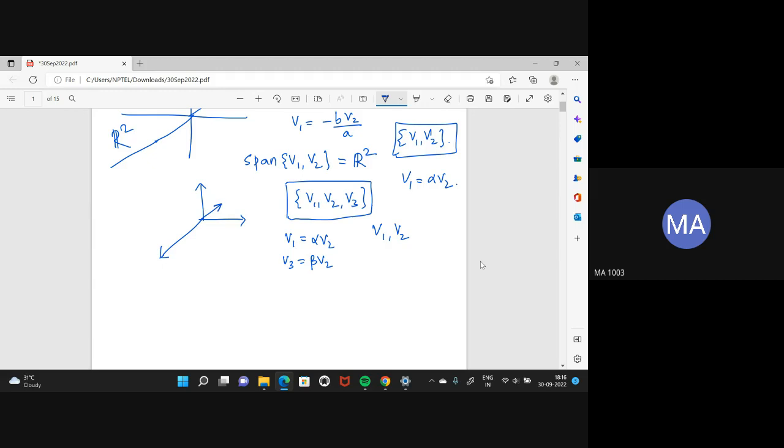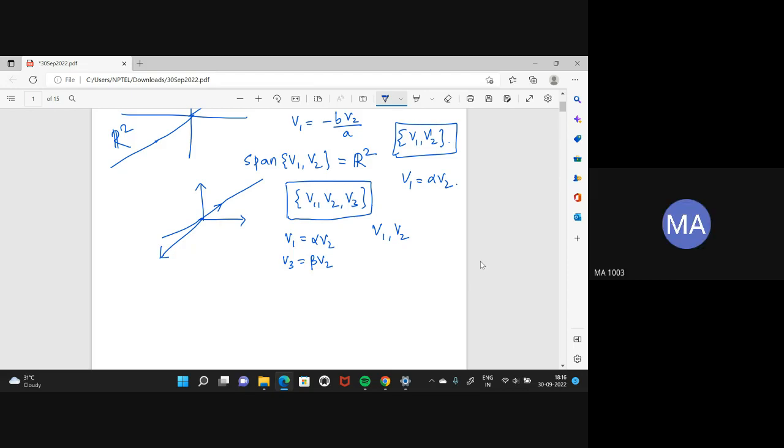v2 is some vector in R3. v1 is alpha times v2. So where will v1 lie? Both will be extensions of v2. So they will be on the same line as v2, right? They will be scaled. One more case is also possible: v1 plus v2 is a scalar multiple of v3.